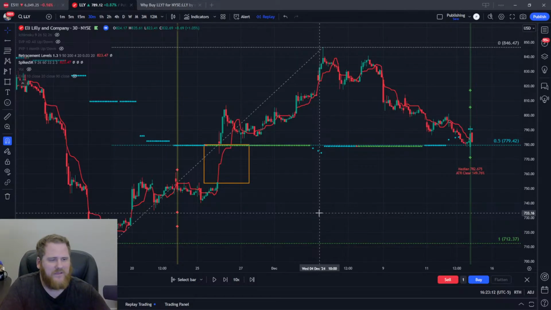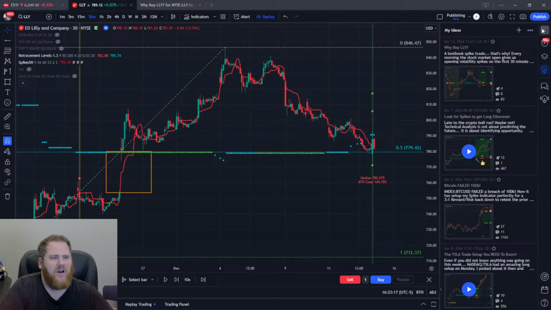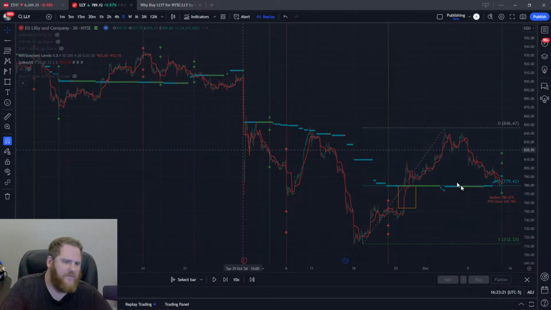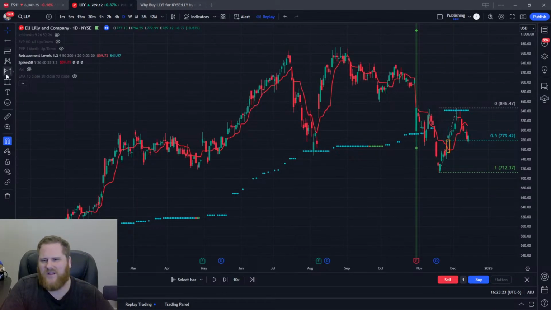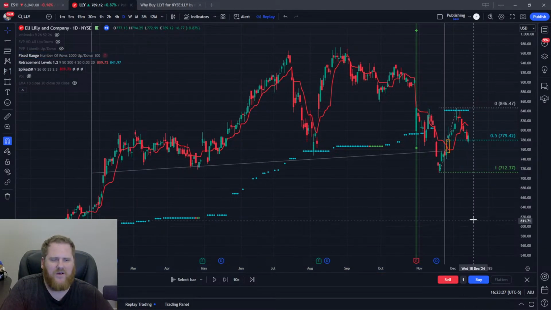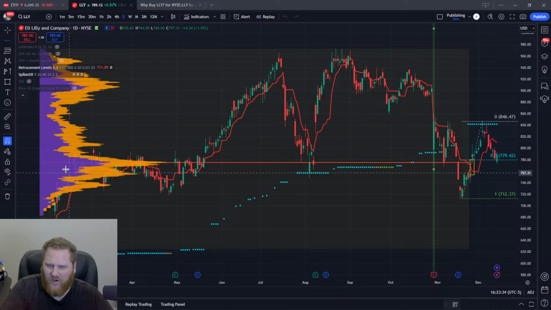I made a post about this on Twitter and a TradingView post, hopefully people see and pay attention. Then if we go out, yep, we find it as a volume profile point of control for basically the whole last year, going back to January of this year.